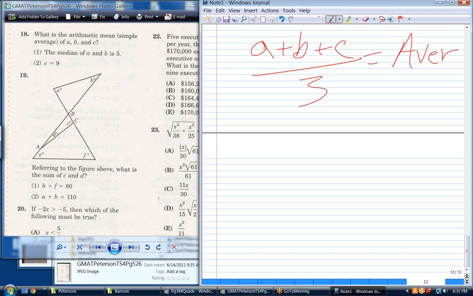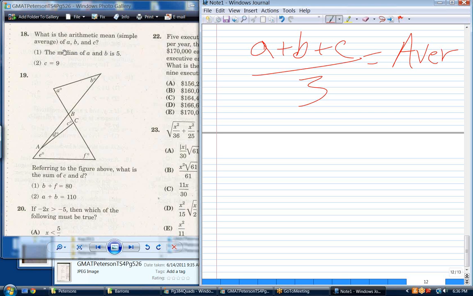The median of A and B is 5. Actually, median. Yeah, so the median of A and B is 5, and that does not mean mean. It's important.